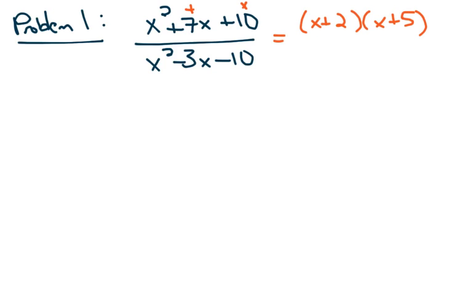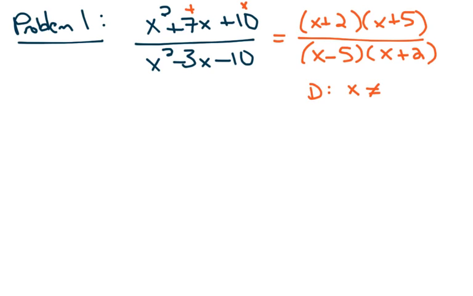In the denominator, the two numbers that multiply to give me -10, but add to give me -3 are -5 and +2. It's at this point that I'm going to find the restrictions on the domain, which are that x cannot equal 5, nor can it equal -2.